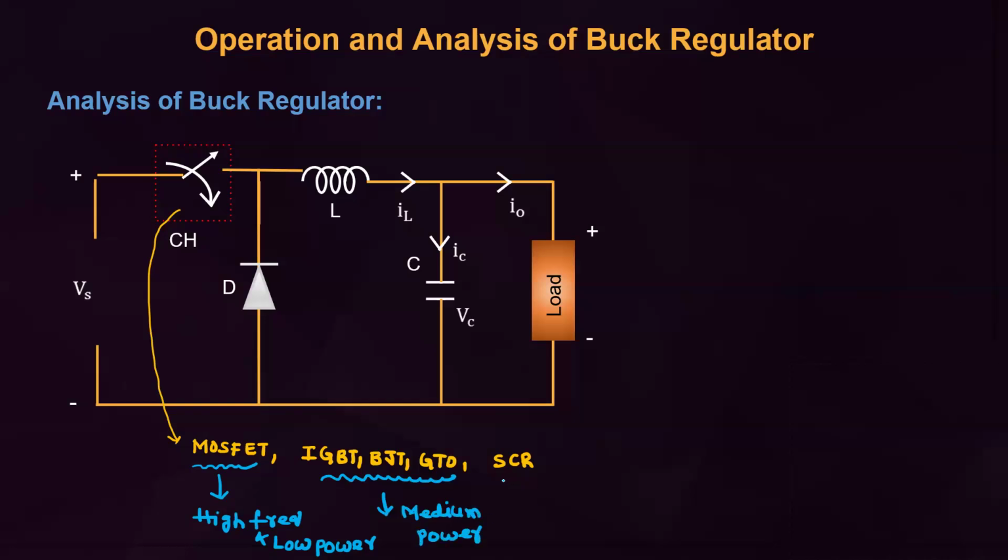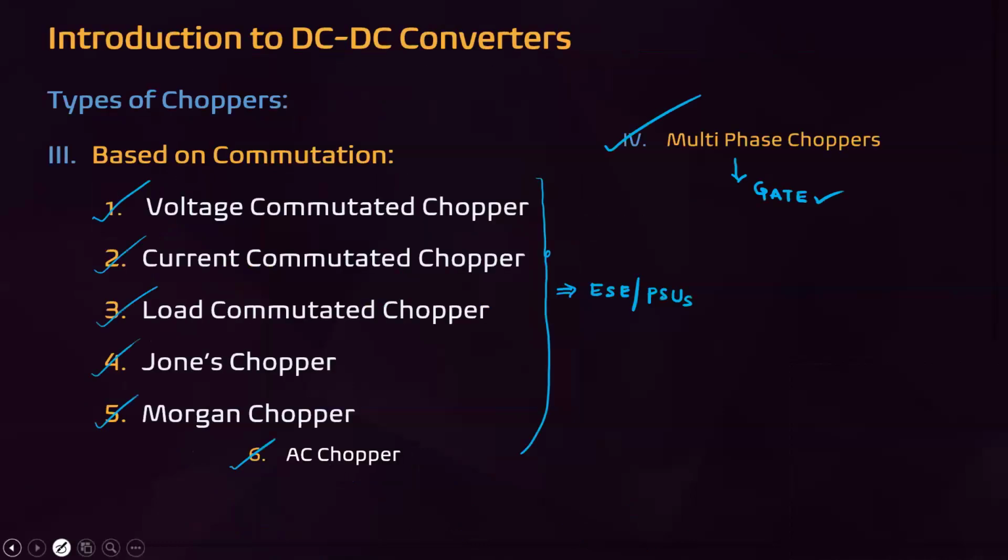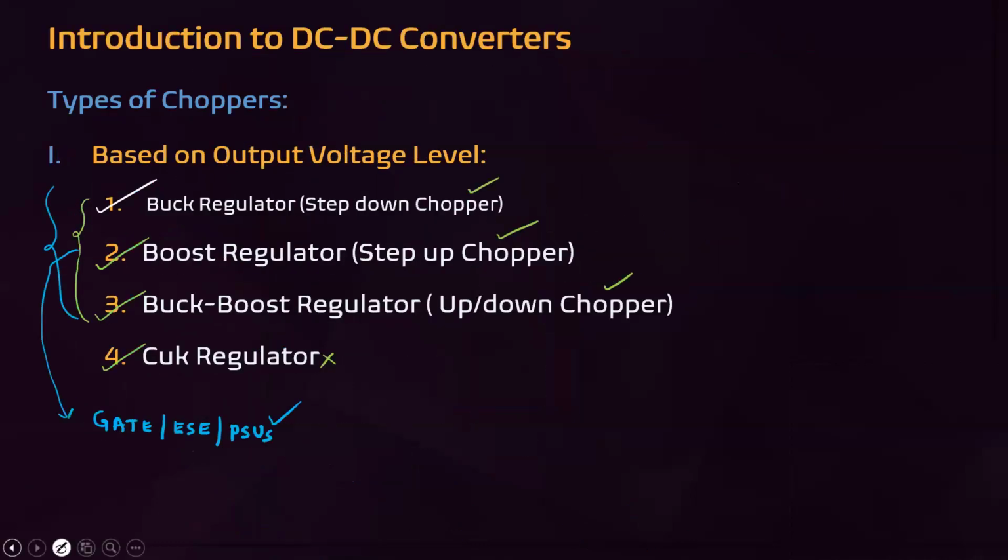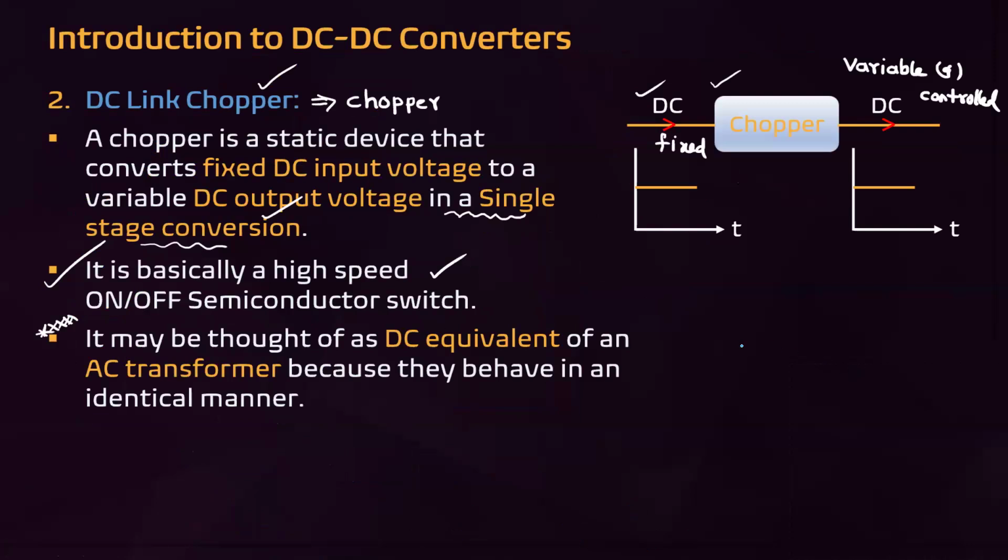And SCR is used for high power, low frequency applications; there is no other alternative, for high power you have to use the SCR. And one point you have to remember, students: a chopper is nothing but a DC to DC converter. Generally, these DC to DC converters are one, chopper, and another one, SMPS.